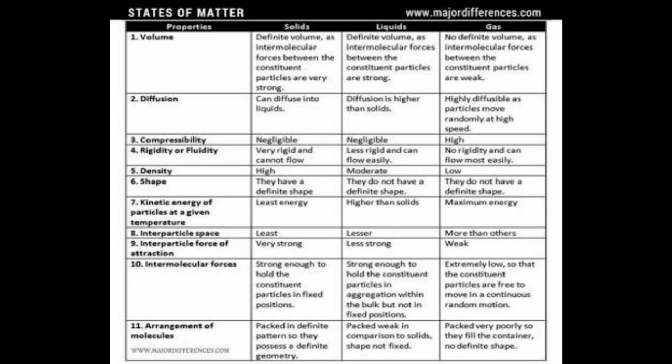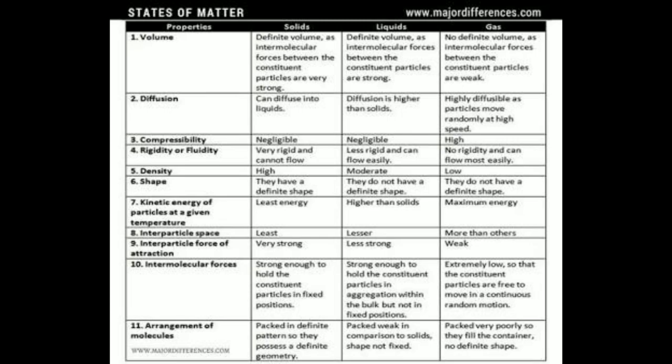Solids have a definite shape. Why do solids have a definite shape? Because of more force of attraction, and the molecules of the solids are tightly packed with each other. But in case of liquid, it does not happen like solids.